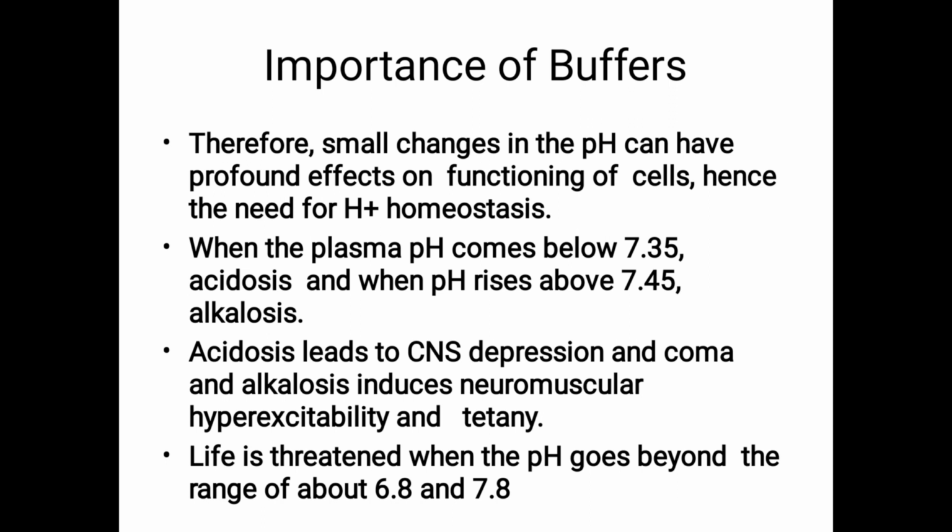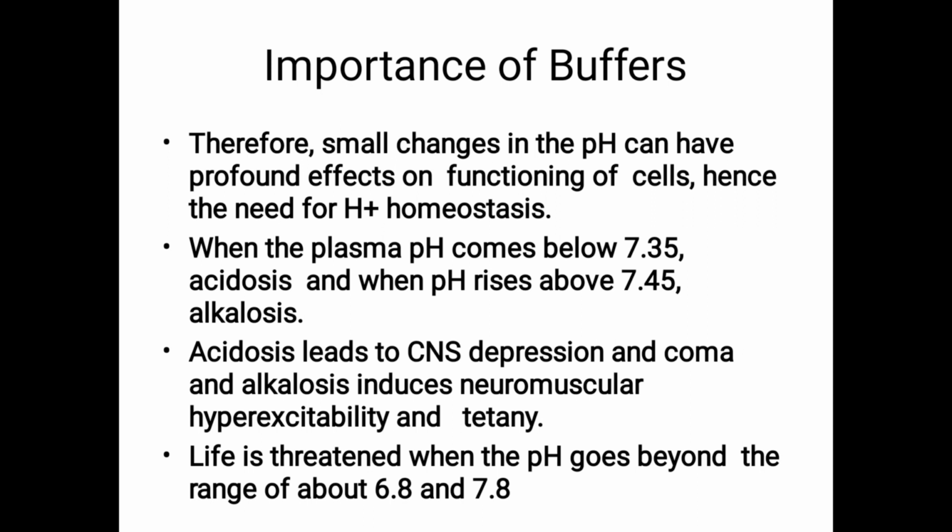The normal range of blood pH is 7.35 to 7.45. This is a narrow range. It needs to be maintained by the buffer system, also by the renal mechanism and the respiratory mechanism.